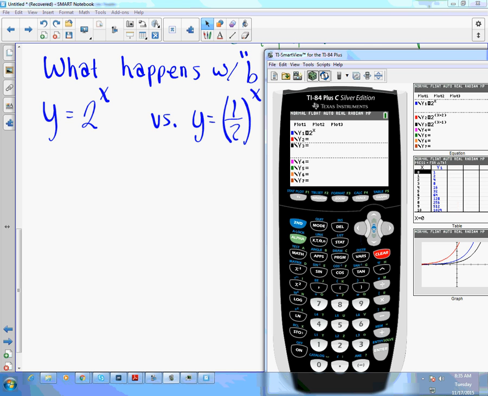We should already have 2 to the x in, but this time, y equals open parenthesis 1 divided by 2, close the parenthesis, all raised to x. And look at the graph. What happens when your base is a fraction between 0 and 1? It can also be a decimal between 0 and 1.